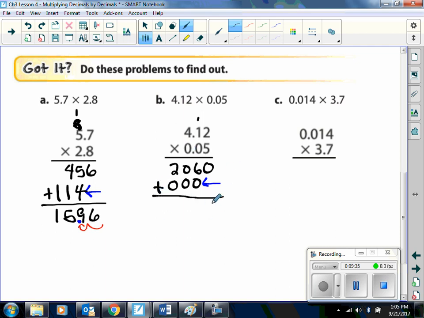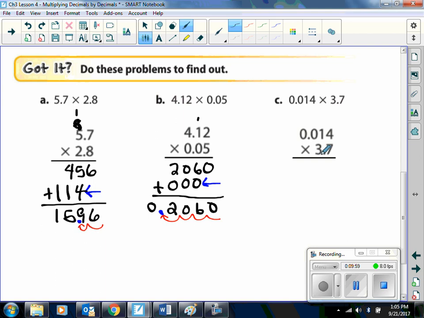So we've got 0, 6, 0, 2. And how many numbers behind the decimal? 4. So that's 1, 2, 3, 4, and that is where my decimal goes. Right there. And of course, we're going to put our leading 0 in. You got it? All right.